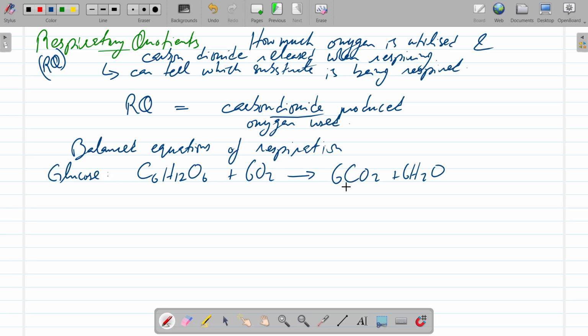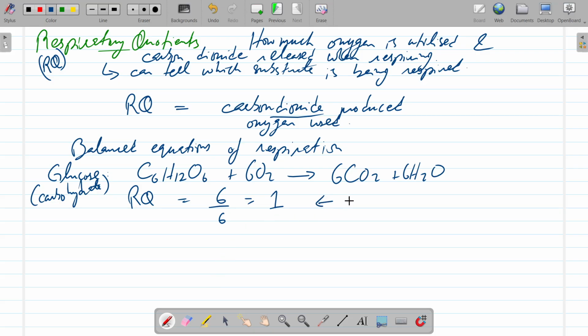And so you can see that the number is the same. And so RQ for glucose, or carbohydrates perhaps in general, equals 6/6, which is 1.